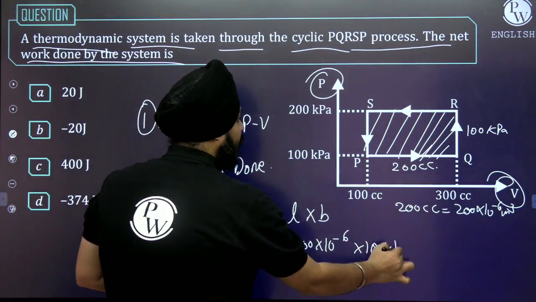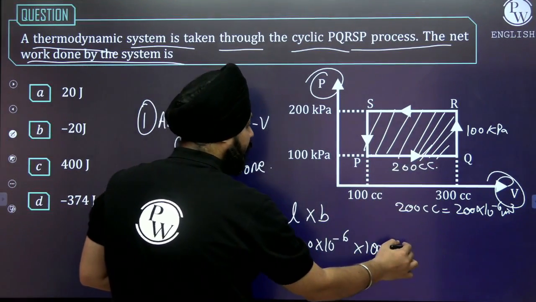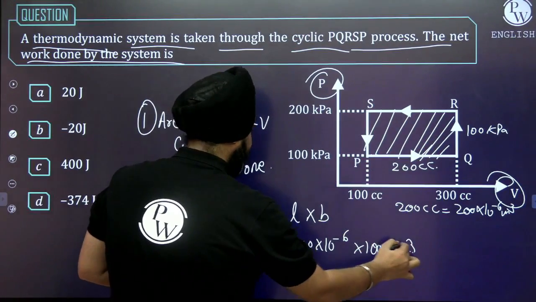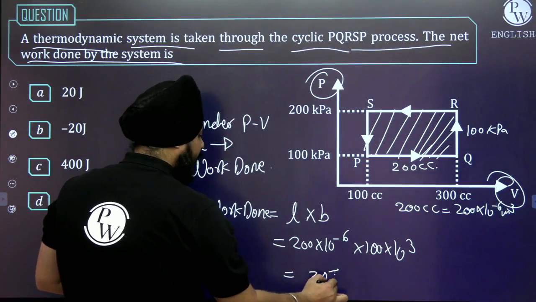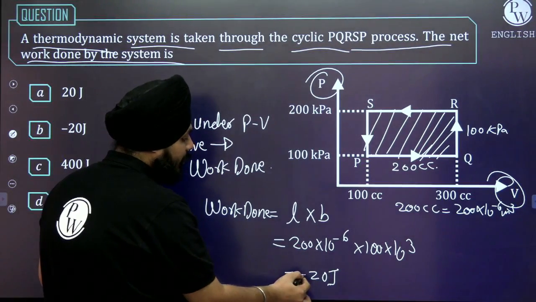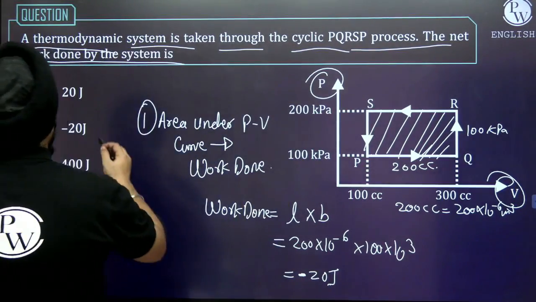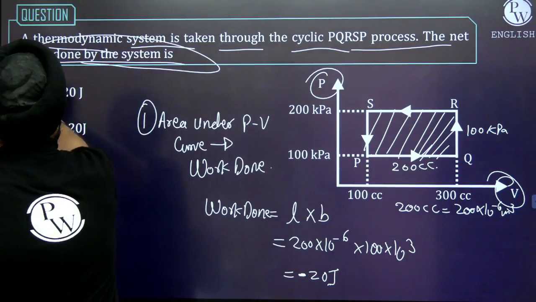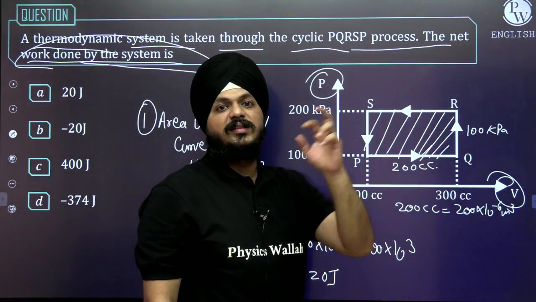100 kilopascal is 100 into 10 to the power 3. So here work done is equal to 20 joule. But my answer will be negative, as you can see from this process.